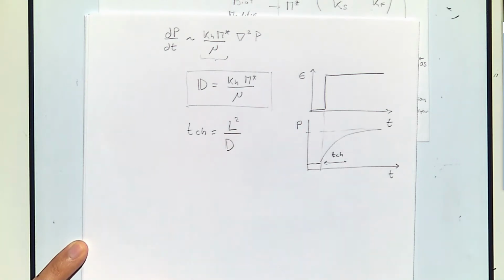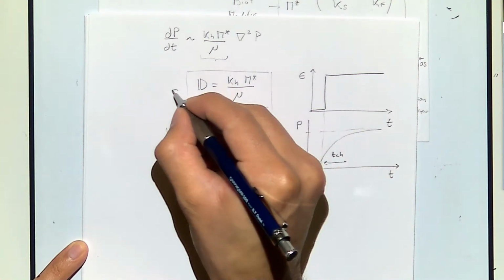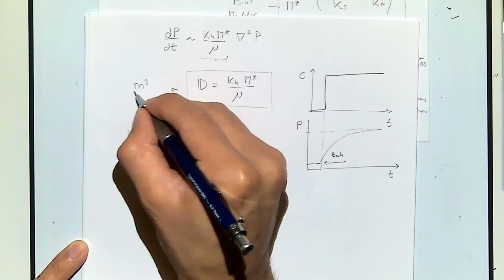And this diffusivity constant, I should clarify, its units are meters squared per second.